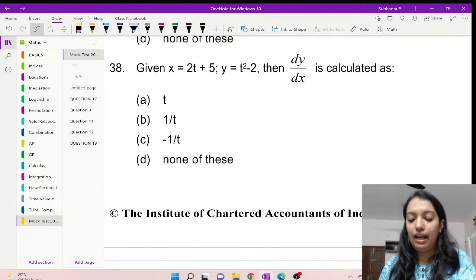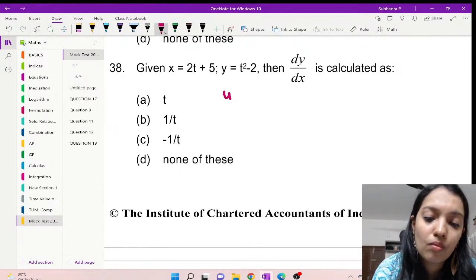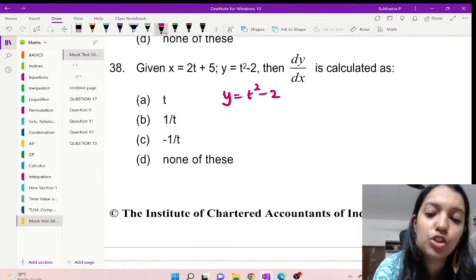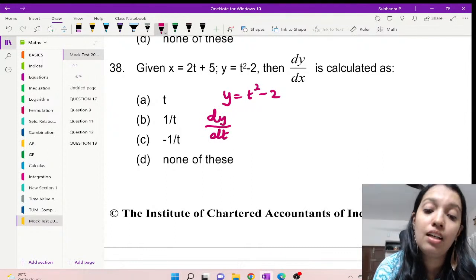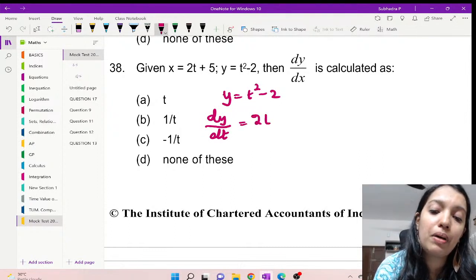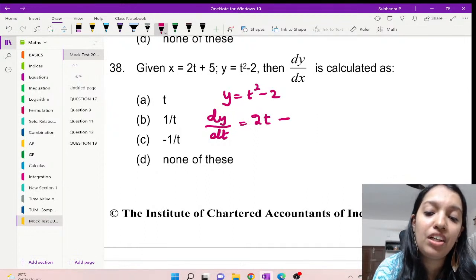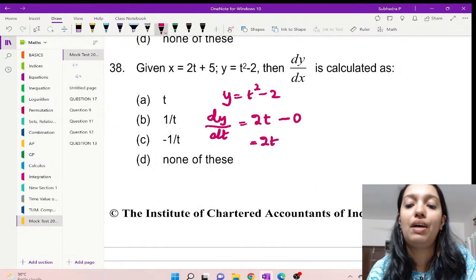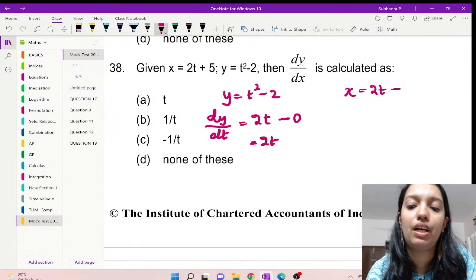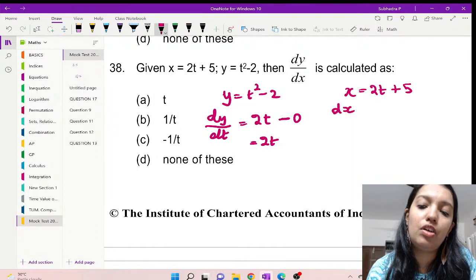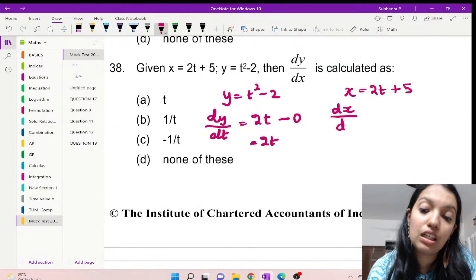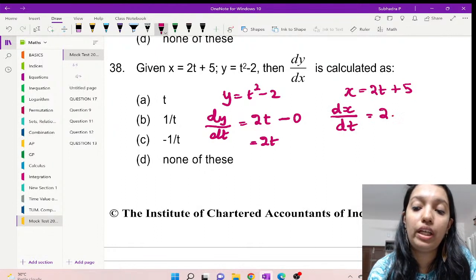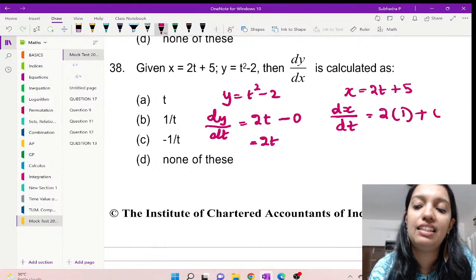So for the 38th question, I'll start with this. y is t square minus 2. Derivative of y with respect to t, because they have given t, correct? That will be n into x power n minus 1. Derivative of 2 is 0. So this is 2t. Next, x value they have given as 2t plus 5. So what is the derivative of x with respect to t? 2 into derivative of t is 1, plus derivative of 5 is 0.